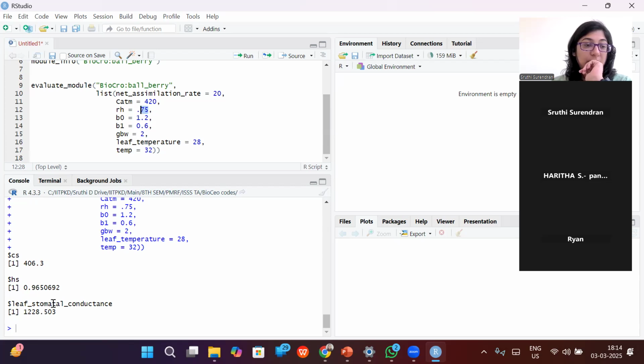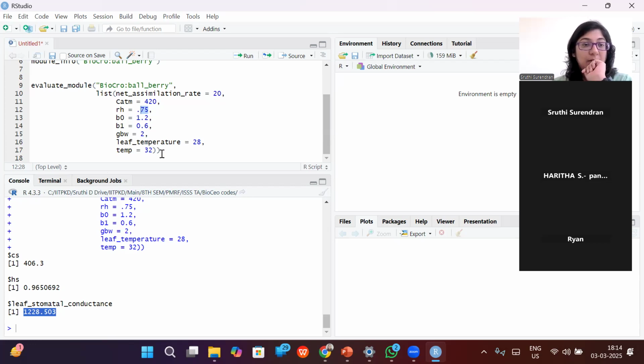So this is taking into consideration the boundary layer conductance, and we see the leaf stomatal conductance is 1228.503 moles per meter square per second. If you convert this to millimoles, it will be around 1.23 millimoles per meter square per second of water for this rate of carbon dioxide.